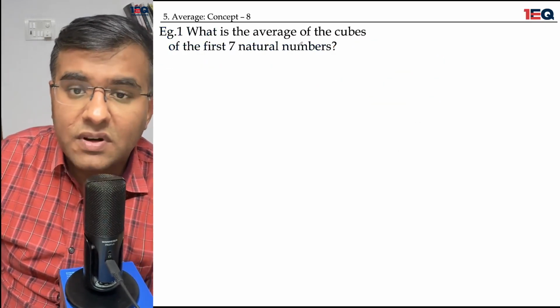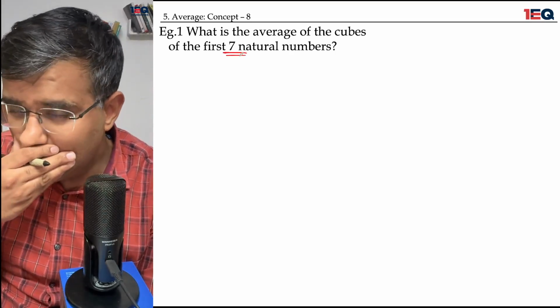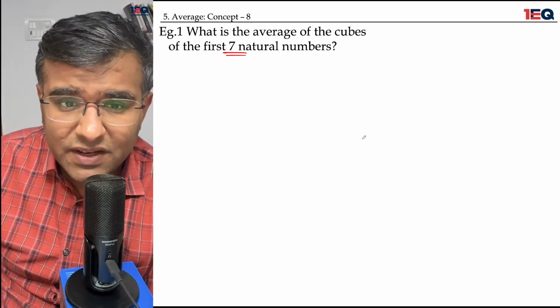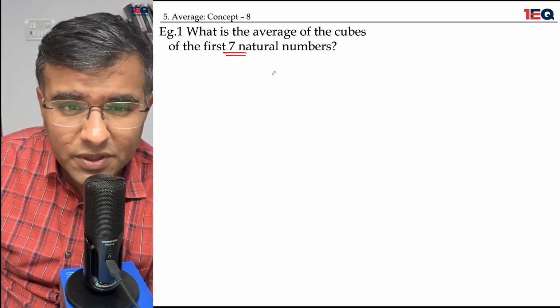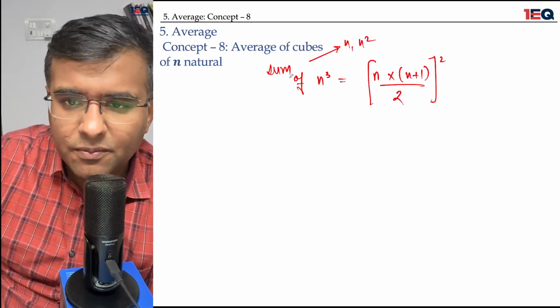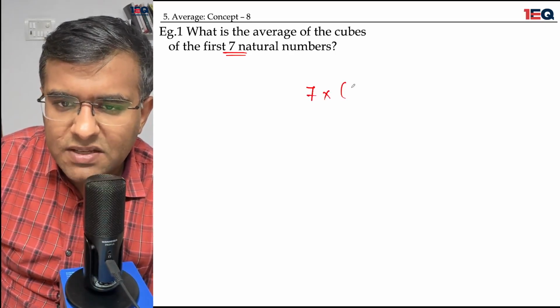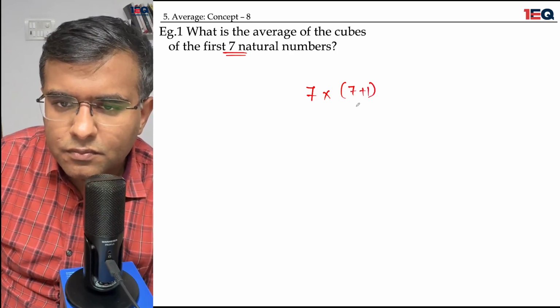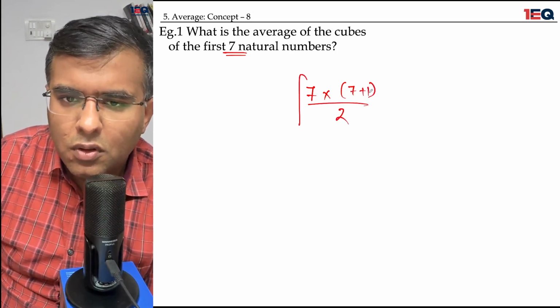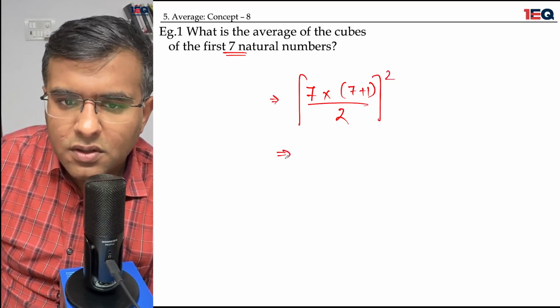Moving ahead, what is the average of the cubes of the first 7 natural numbers? I'll quickly use the same formula. N, which is 7, multiplied by 7 plus 1 whole upon 2 whole squared.